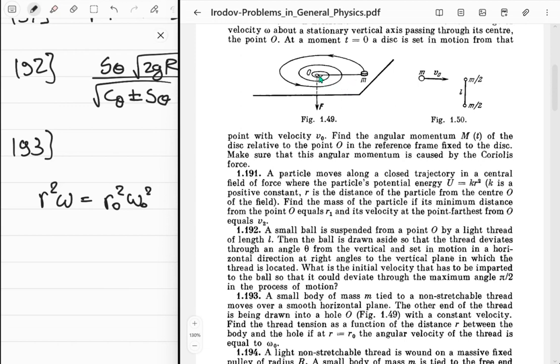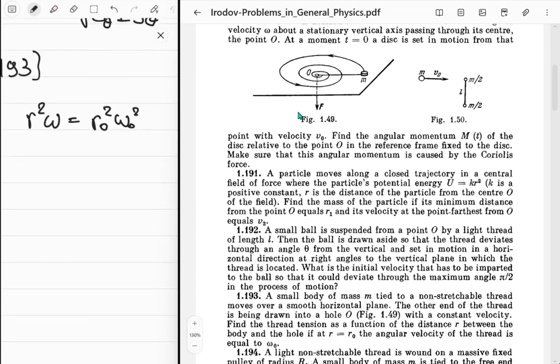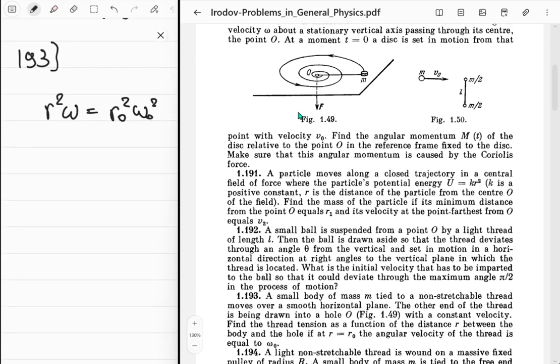But who is making it accelerate tangentially? Who is making that happen? So what is the total acceleration vector for this guy? You have r double dot, which is not zero in this particular case.